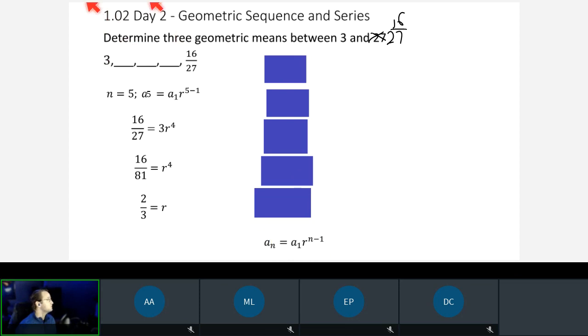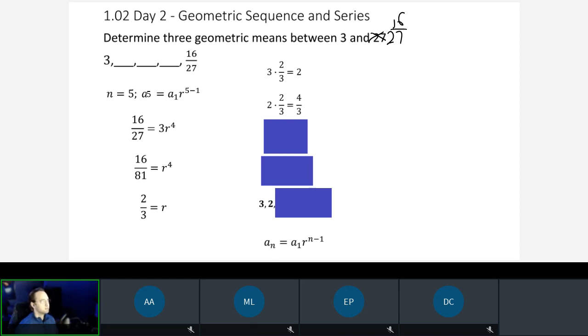So let's do 3 times 2/3. That gives me 2. So there's your other one. So I'm going to cover that. I then do 2 times 2/3, and that gives me 4/3. I then do 4/3 times 2/3, and I get 8/9.